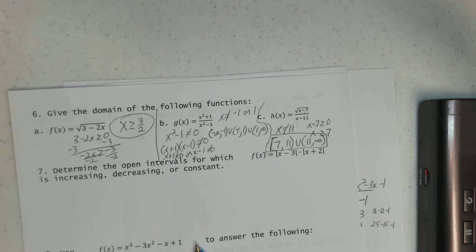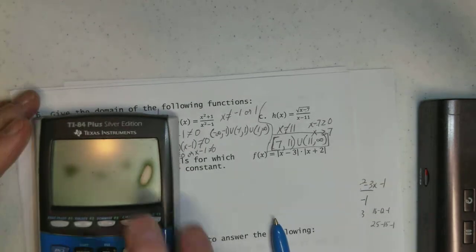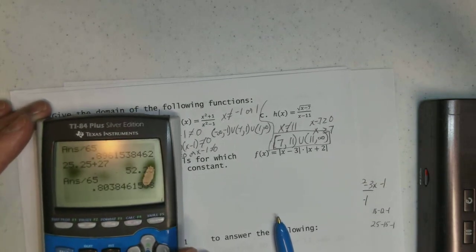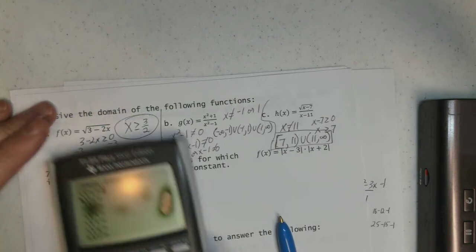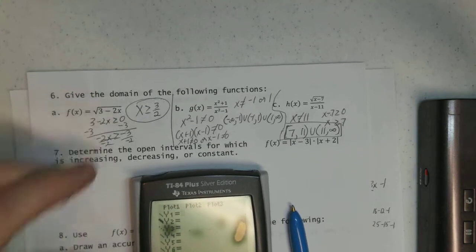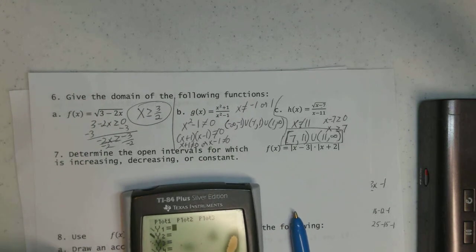All right, number 7. I honestly don't know what that thing looks like, so if I, there it is, looking for my calculator. All right, clear. I'm going to graph the absolute value. So I hit math. Some of you have asked for this.